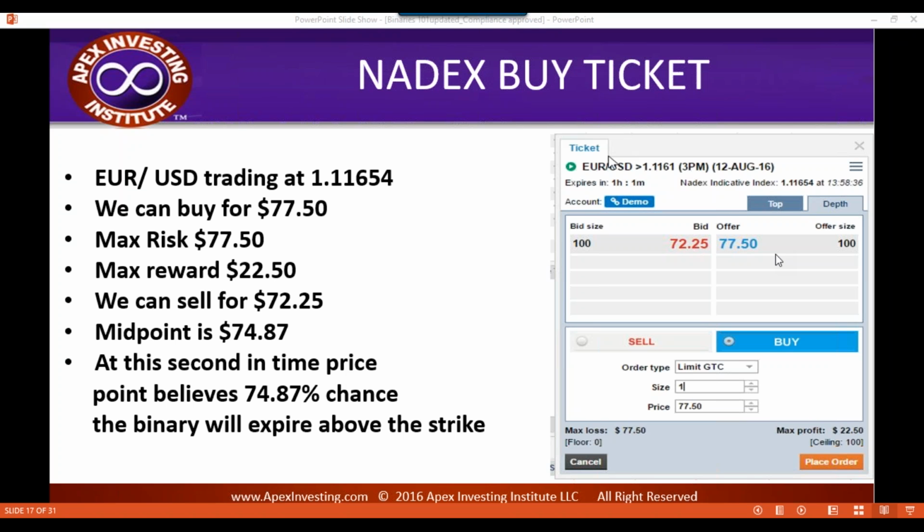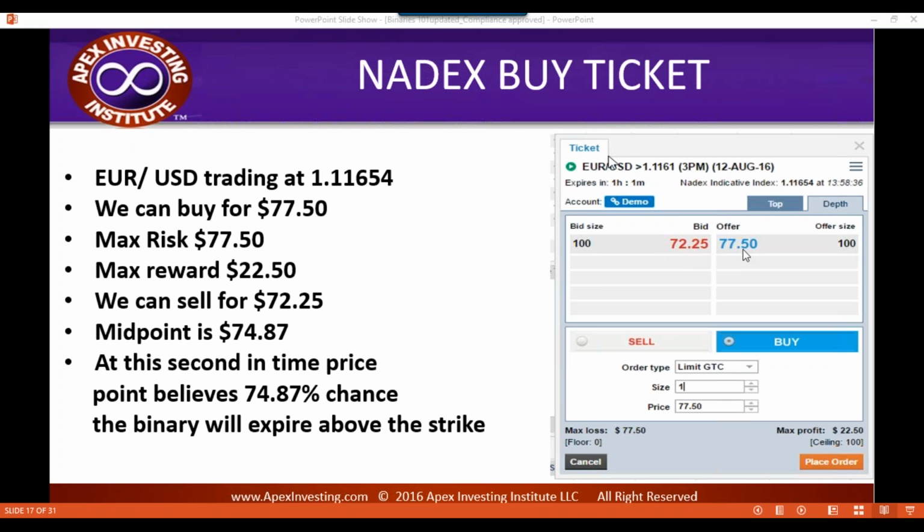But one thing to look at here, we can buy this for $77.50, okay? We can sell it for $72.25, okay? So what is the midpoint? Meaning, we can buy it for this, we can sell it for this. Well, why are those two numbers different?